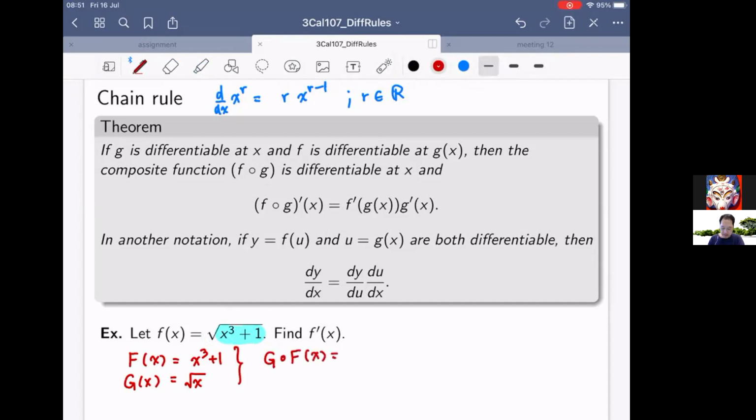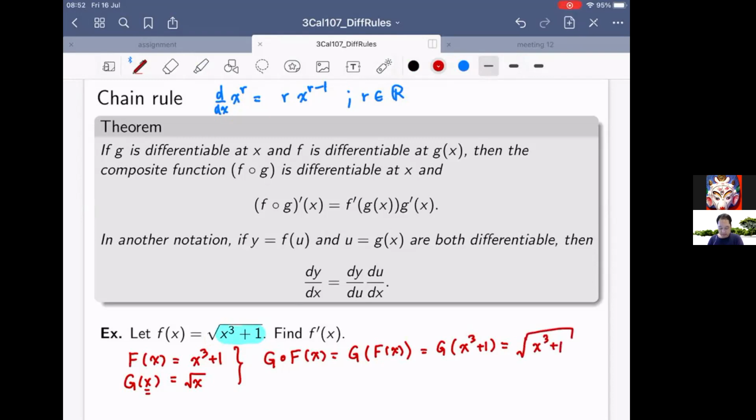Because here it is g of f of x. Remember this from high school. So here it is g of x cubed plus 1, which means that anything as an input here, you insert under the square root, right? So we have it this way.